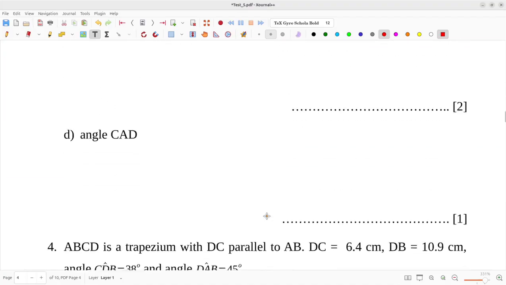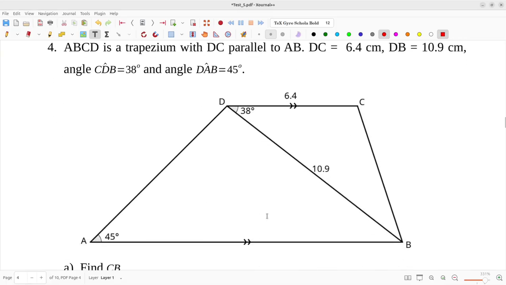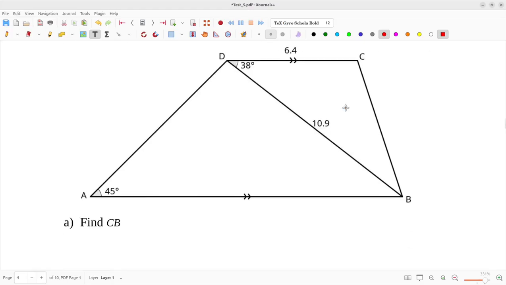Already solved. This question: ABCD is a trapezium with DC parallel to AB. Base DC is 6.4, DB is 10.9, angle CDB is 38, and angle DAB is 45.